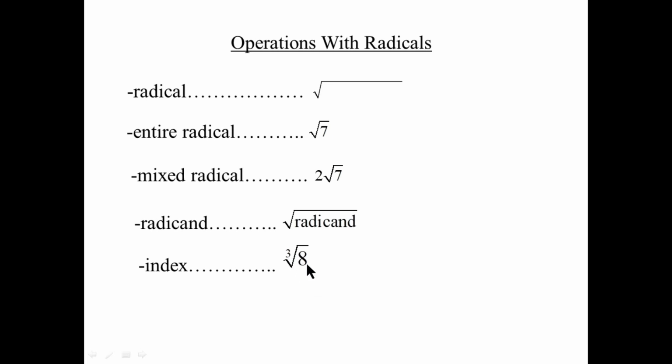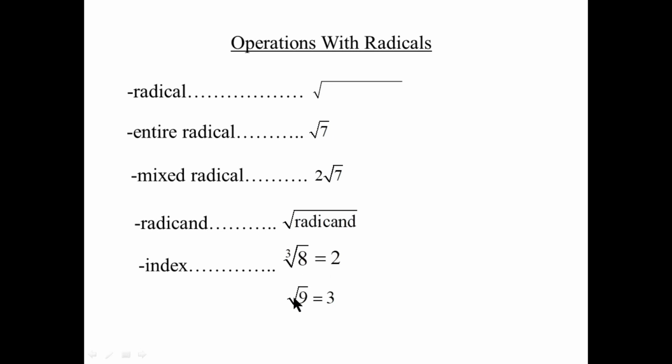But in the example here where we're taking the third root of 8, we want the number that, when used as a factor 3 times, gets us to the number 8, and that's the number 2. The number 2, when used as a factor 3 times, gets us to 8, because 2 times 2 times 2 is 8. This is what an index means.